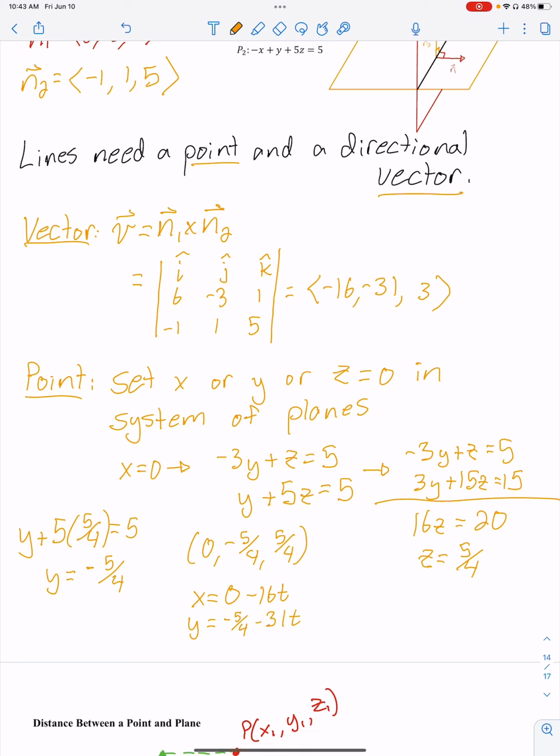Remember, the directional vector is like a slope. z is 5/4 plus 3t. This is a great answer. That would be the line of intersection of our two planes. Remember, a line in 3D space can't be represented with one equation. It's either parametric or symmetric. There we go.